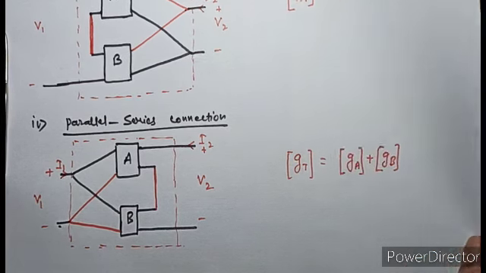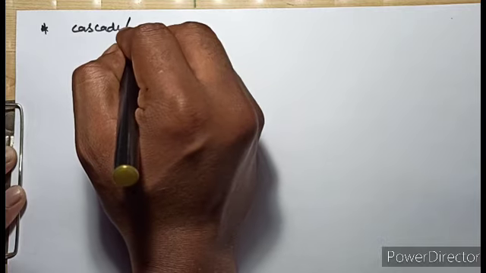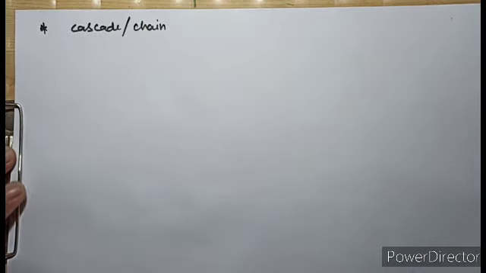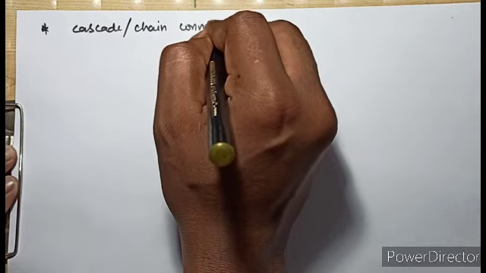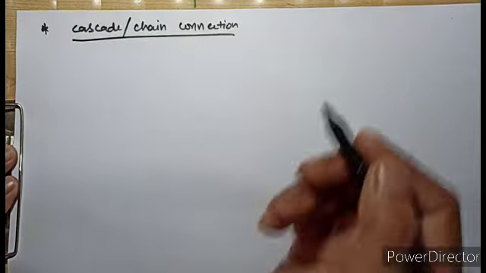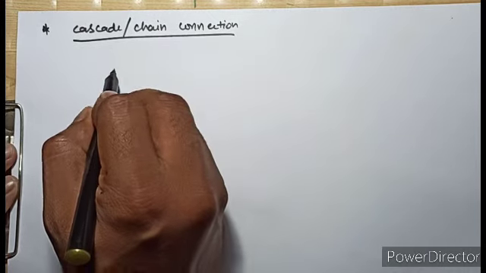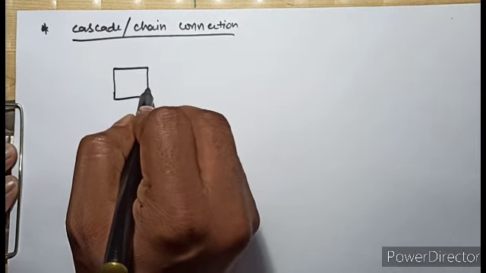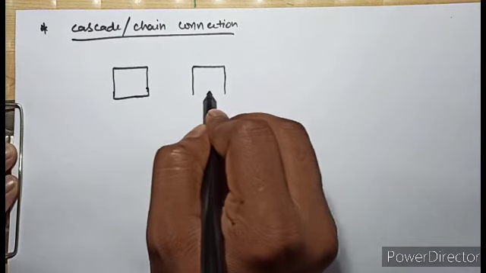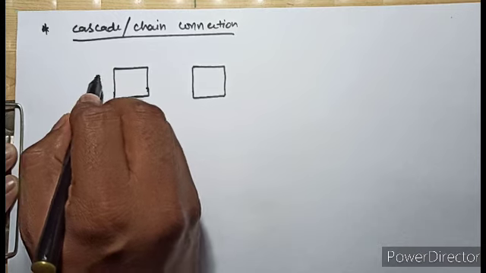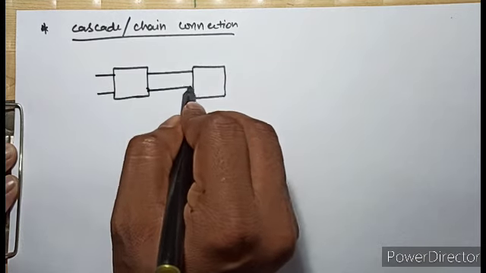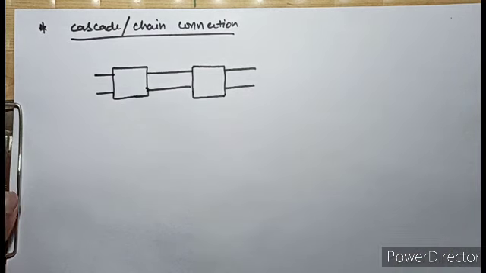The next connection of two port networks is the cascade or the chain connection. Right, chain connection is a little bit simple. If we have a two-port network like this, basically this type of configuration we are familiar with.